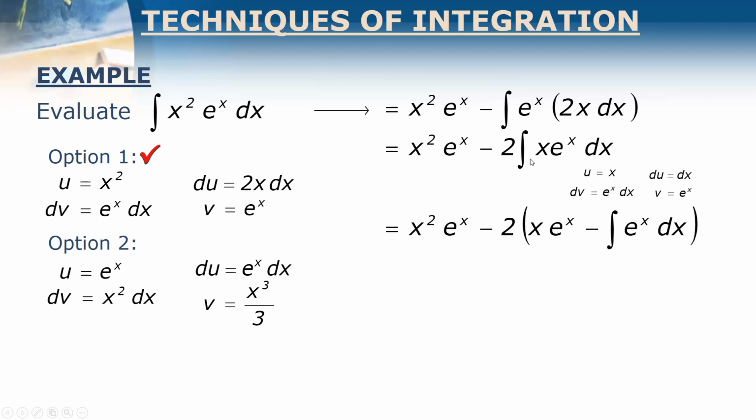The result of this integral of u dv is u times v minus integral of v du. Okay. Now, this is a standard form. So we can easily integrate this one. So, the result will be this. Minus 2 uv minus this one, integral of e to the x dx, and then plus c.